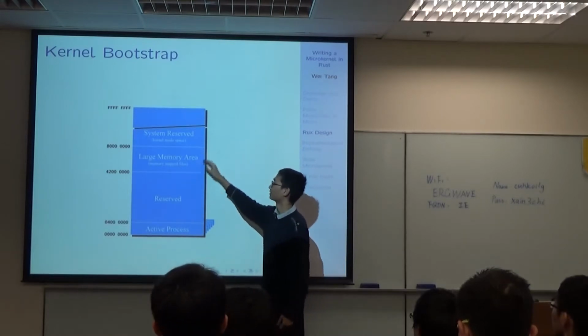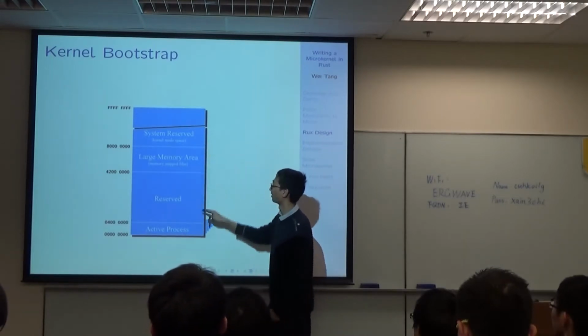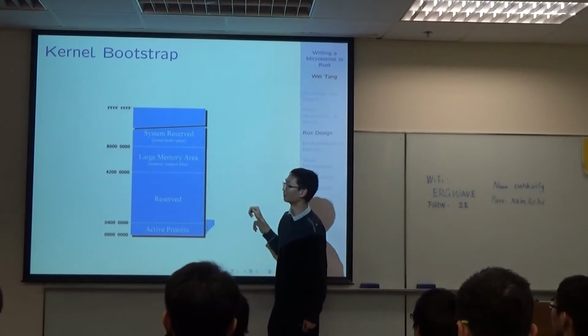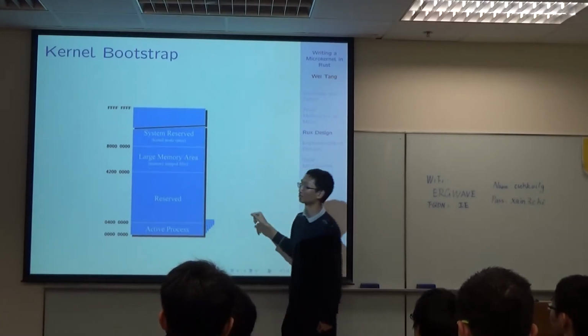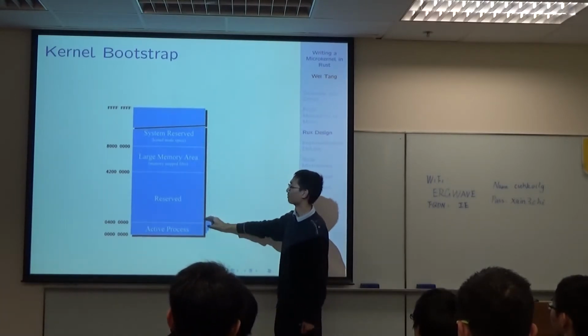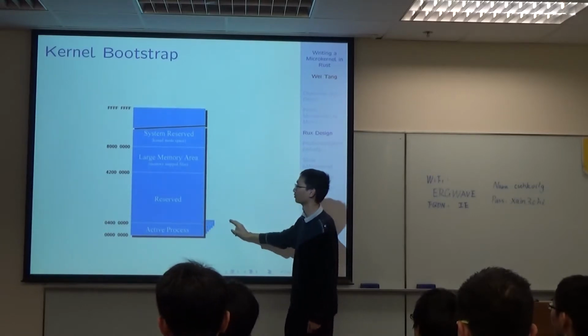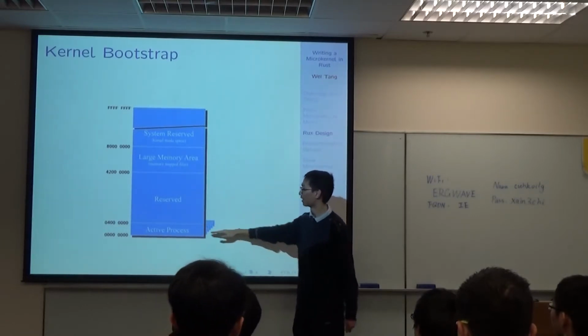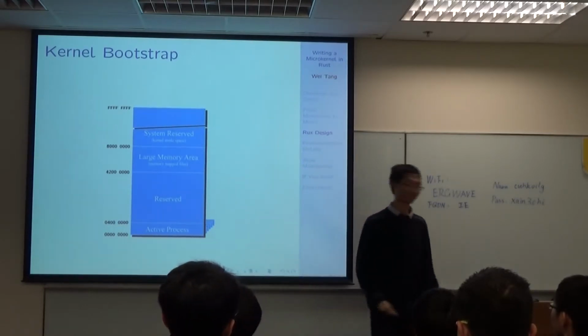After that it tells me that there is a large free memory area, and if I have more than 1 gigabyte of memory, it will tell me there is also a reserved region, and also free memory after that.